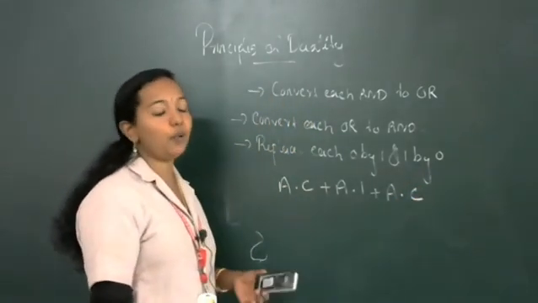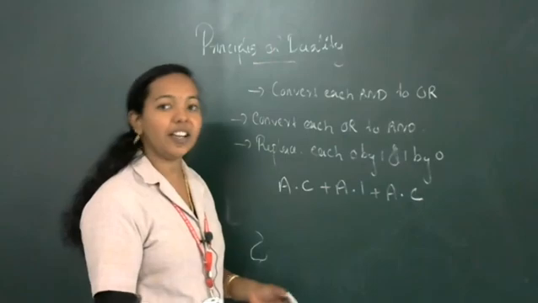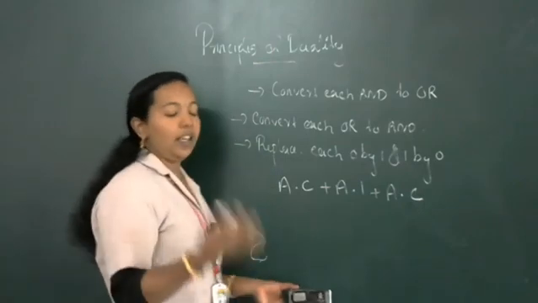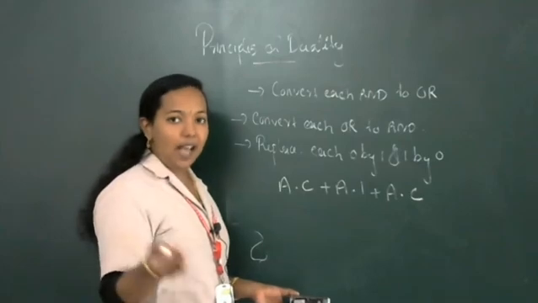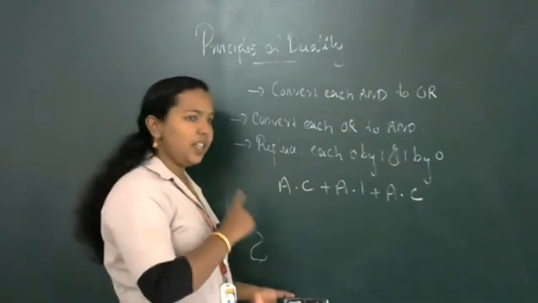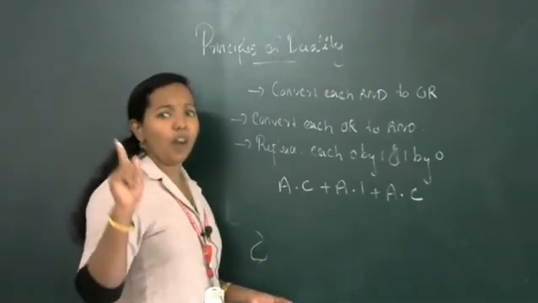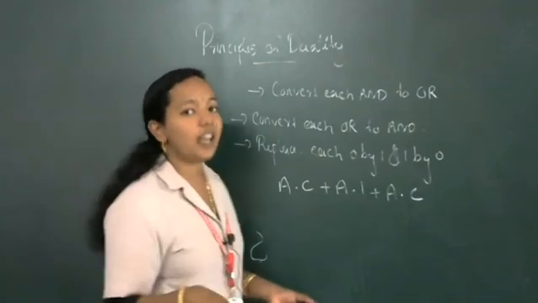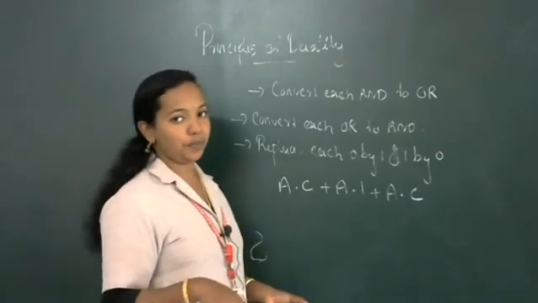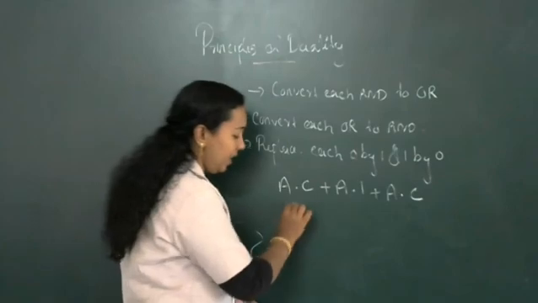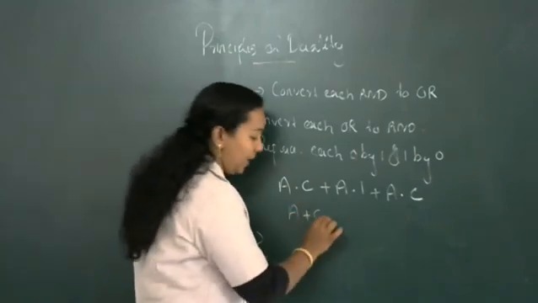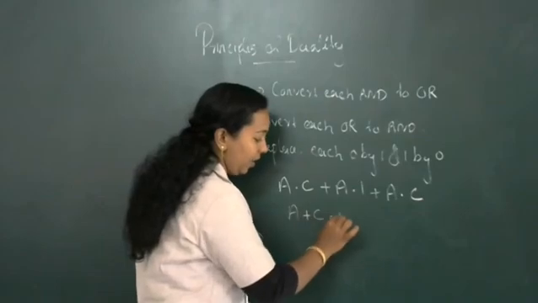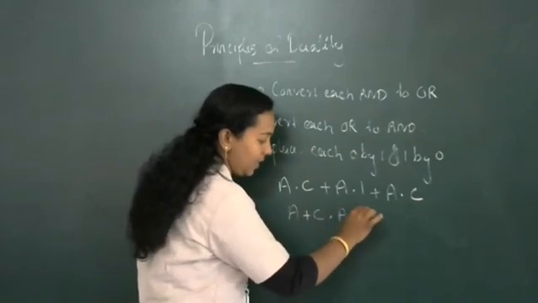Again, another Boolean expression. Then replace all the dots with plus and plus with dot. And also, if anywhere in this expression 1 is present, convert that 1 into 0. So we can write like this: instead of dot operation, a plus c dot a plus 1.